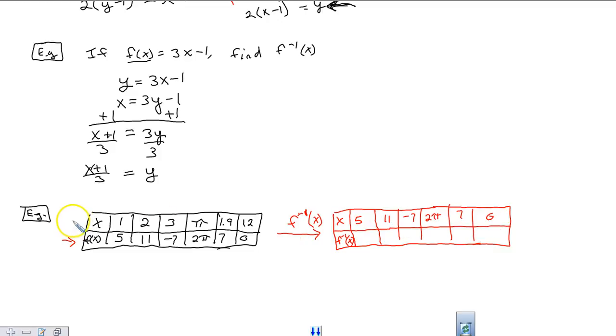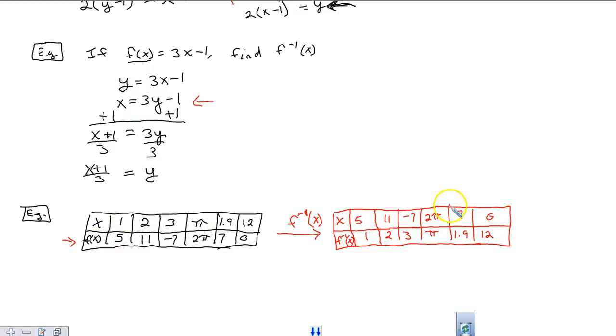And then all of the x values in my original function f become y values, or function values, down here in f inverse. So hopefully you can see what's going on here. I'm just taking my x's and y's and switching spots, just like I did with a function up here, where I took my x and y and they just switched locations. Same deal with the chart here.